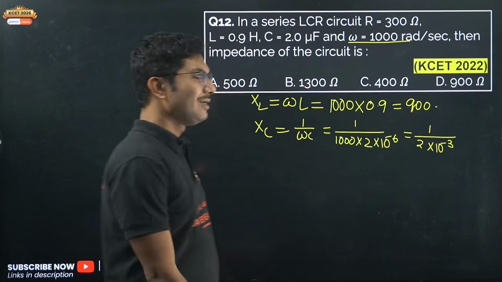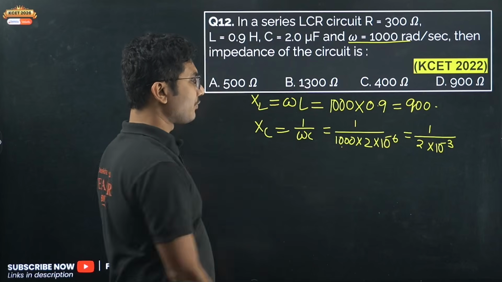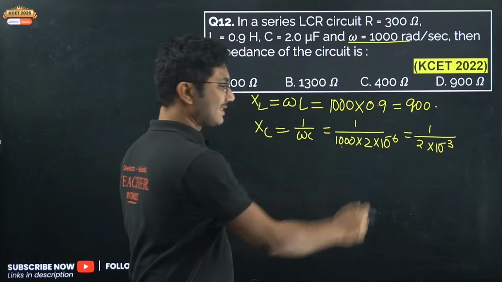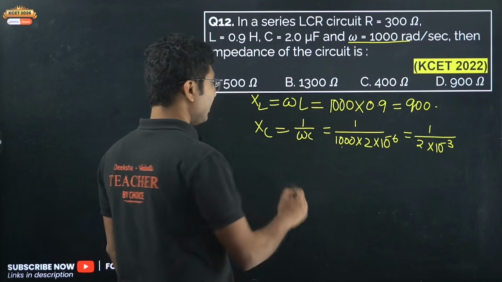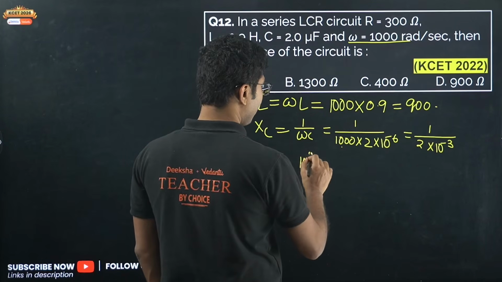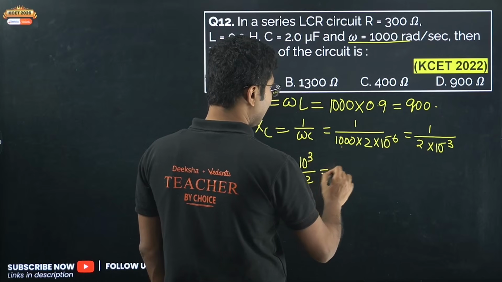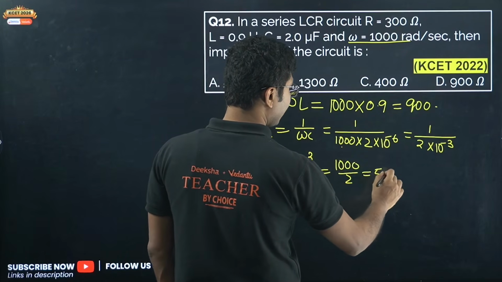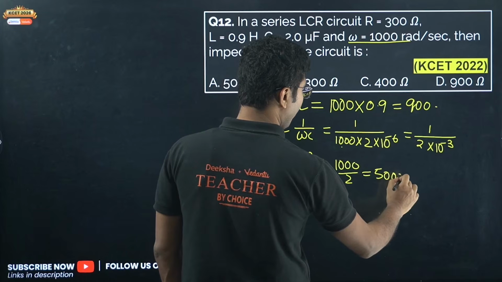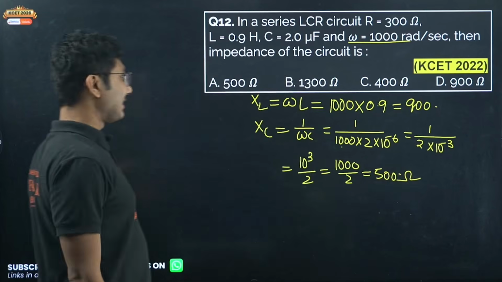Why minus 3? This was 10 to the power of 3, this was 10 to the power of minus 6, so this will be 10 to the power of minus 3. So we can write this as 10 to the power of 3 divided by 2, that is 1000 by 2, that is 500 ohm. So XC and XL are calculated.